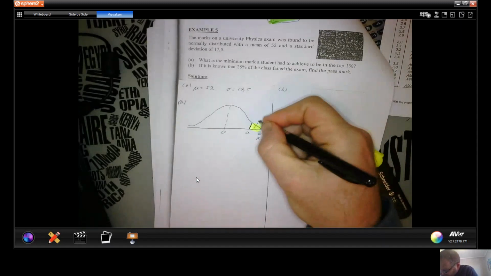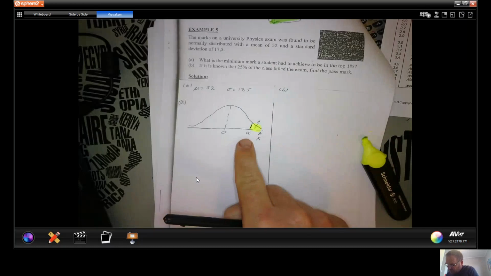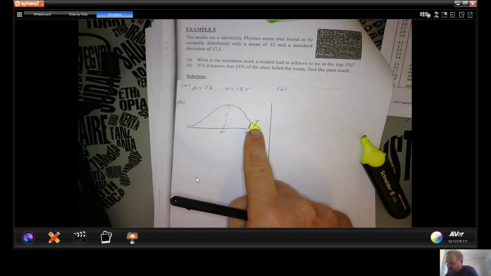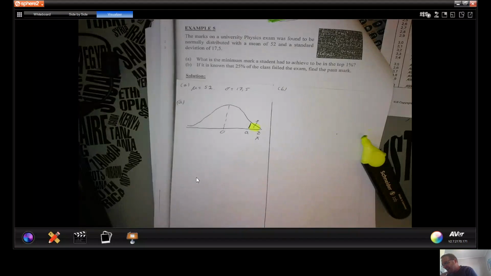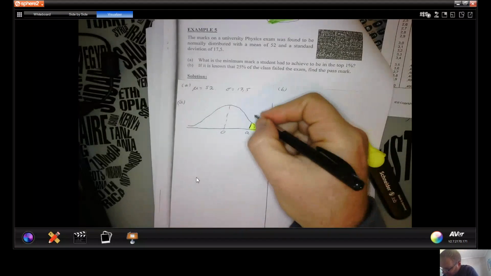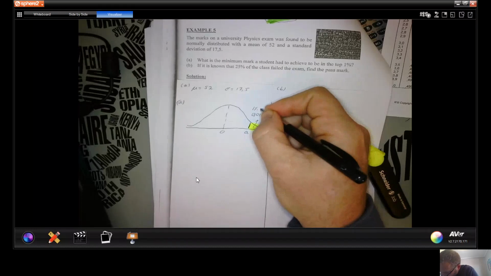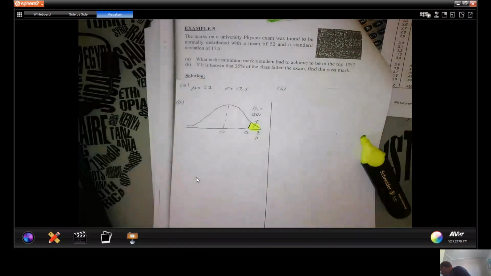We want to find the mark so that the probability of being in that area is equal to 1%, which is 0.01. So this area is equal to 0.01.